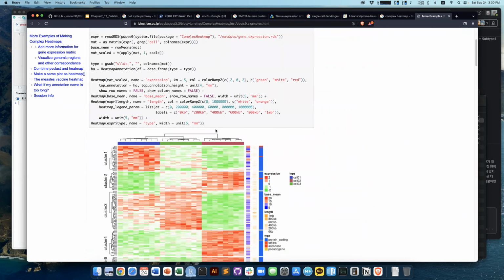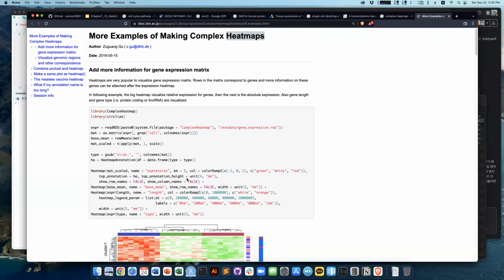Any kind of two-dimensional relationship, you can put it on a heatmap, right? But in our situation, as biologists, we normally use samples and gene expression. So one of the most useful ways to make a heatmap is the package called ComplexHeatmap.